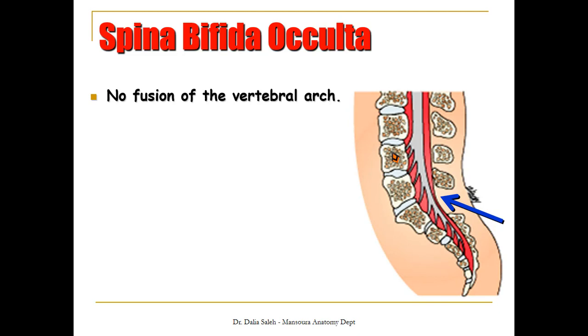In spina bifida occulta, the problem is that there is no fusion of the vertebral arch, and the spine is deficient. It's common in the lower back region, between L5 and S1. It is asymptomatic, meaning that the patient is not suffering from neurological deficit, with just a few complaints, and could be discovered accidentally during a simple procedure like an X-ray.